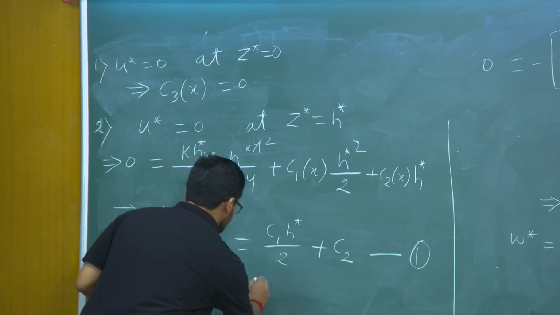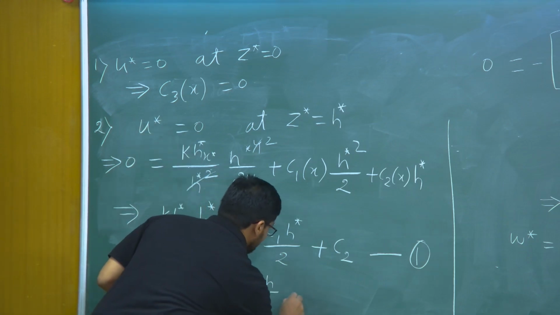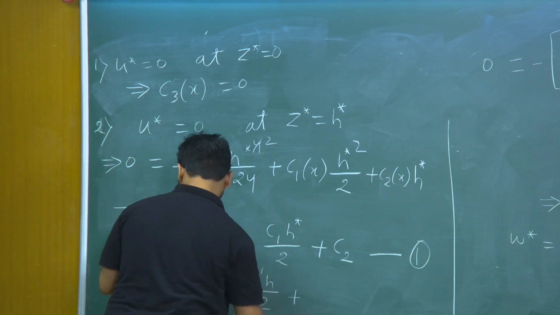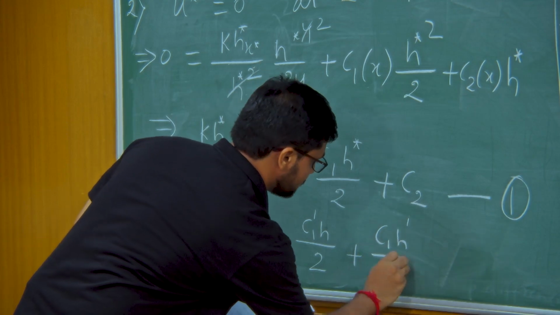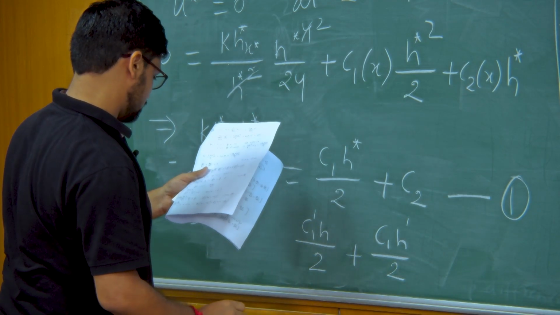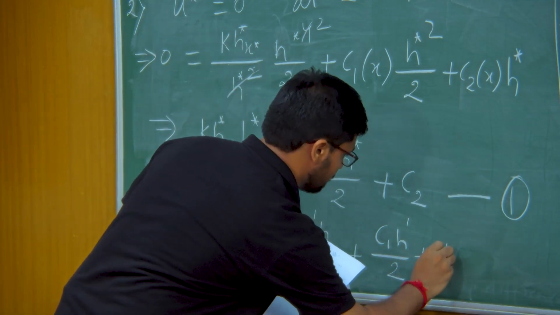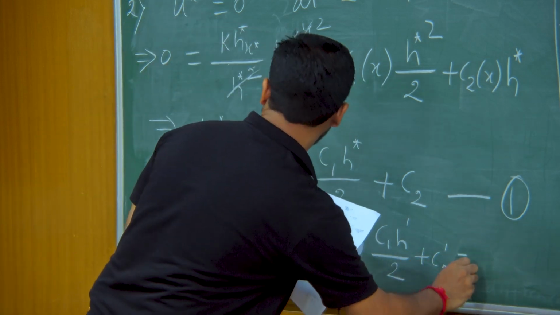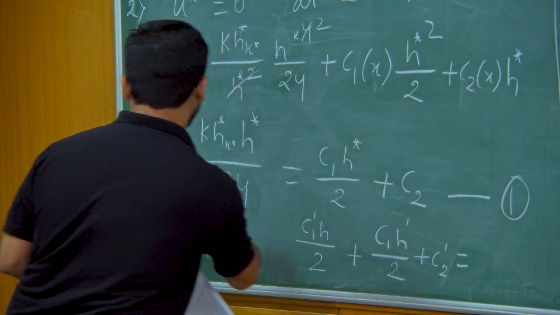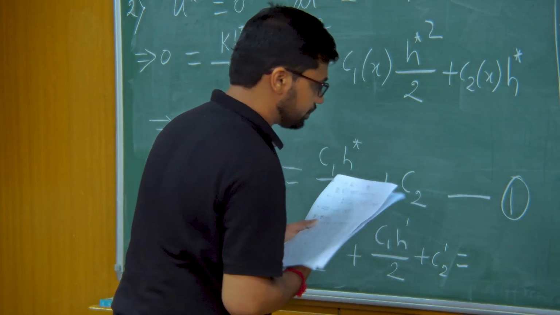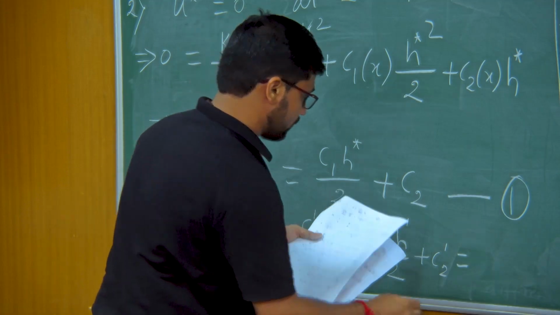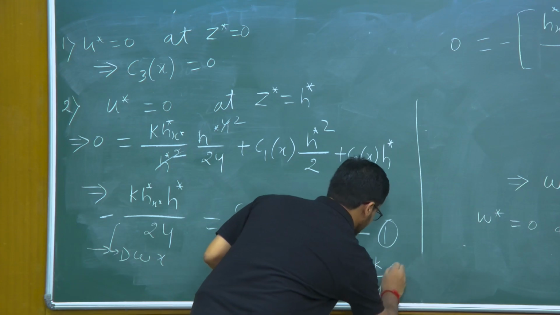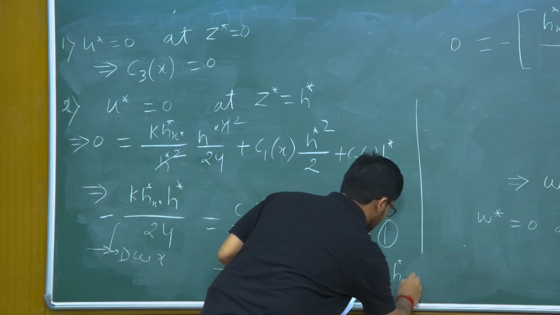That equation will come as C1 h by 2 plus C1 dash h by 2 plus C1 into h dash by 2 plus C2 dash, this will be equal to minus k by 24 into h_xx star into h star.